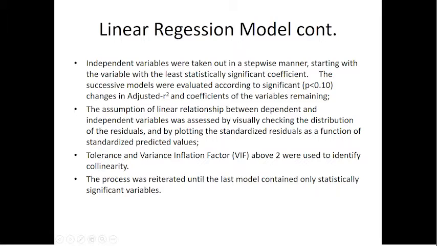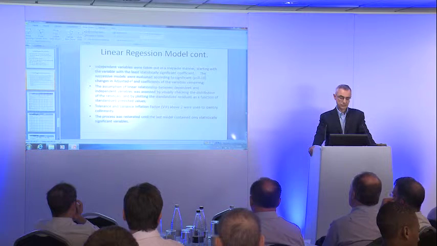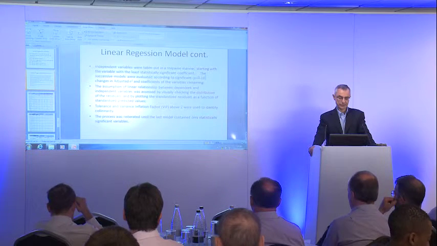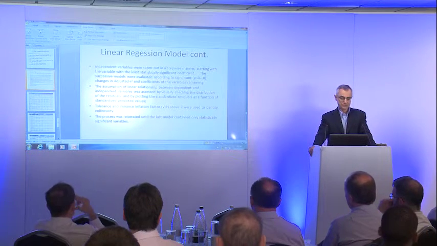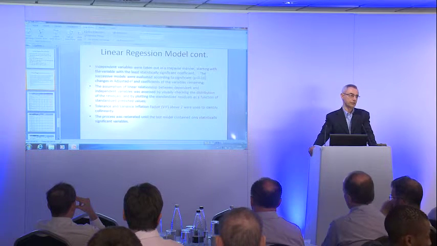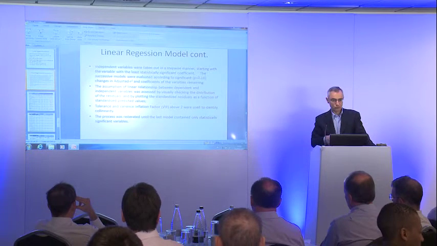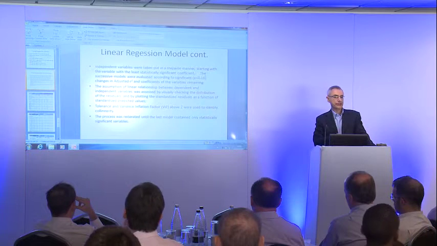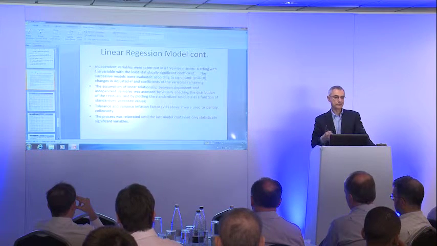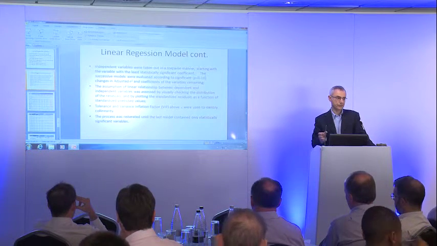A tolerance and variance inflation factor above 2 was considered a potential risk for confounding and collinearity. The process was reiterated until the last model contained only statistically significant variables. In other words, I began with all the variables, and I removed them one by one until only the most significant variables remained.